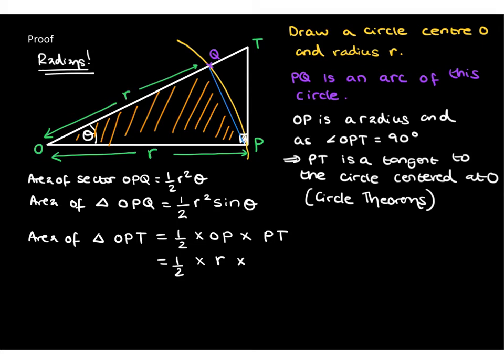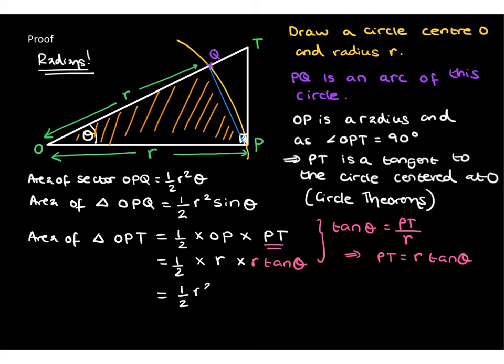Well, look at your right-angled triangle, and we know that tan theta is equal to PT, opposite, divided by the adjacent r, which tells me that PT is equal to r tan theta. So I can replace PT with r tan theta here. So this then allows me to write down a simplified version for the area of the triangle OPT, the original right-angled triangle, which is a half r squared tan theta.